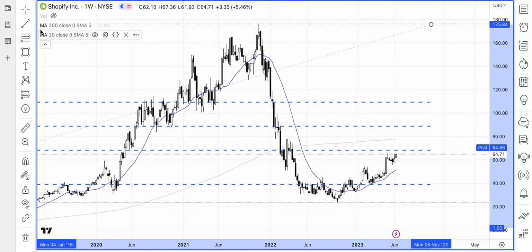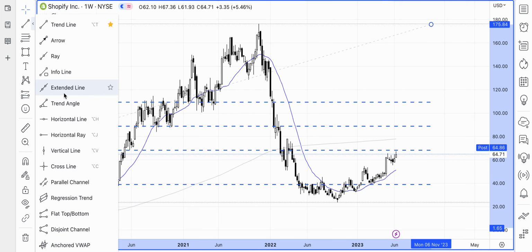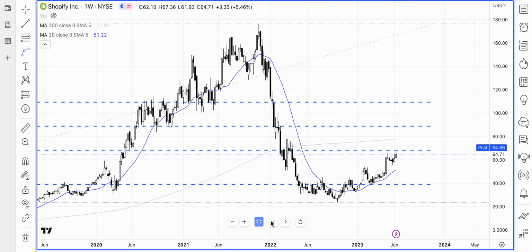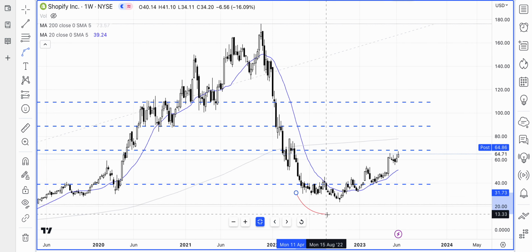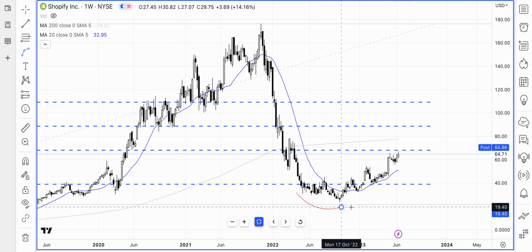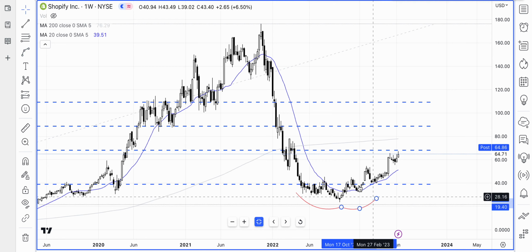However, something that I would like to point out is that it has a nice cup formation, if I can draw it for you, like this, and like this.